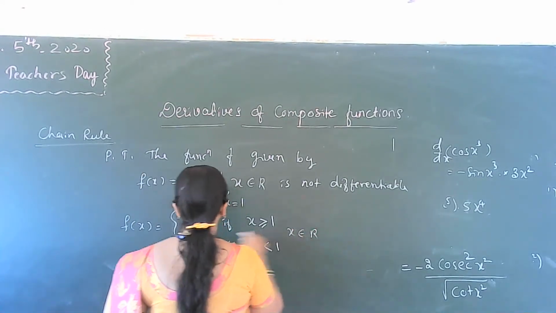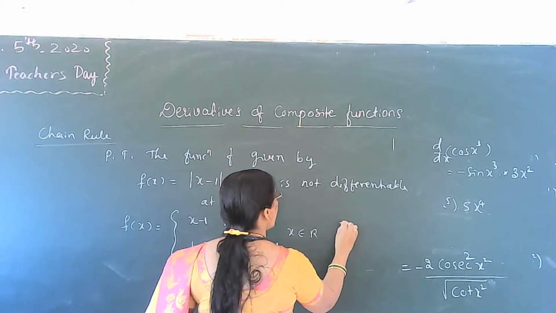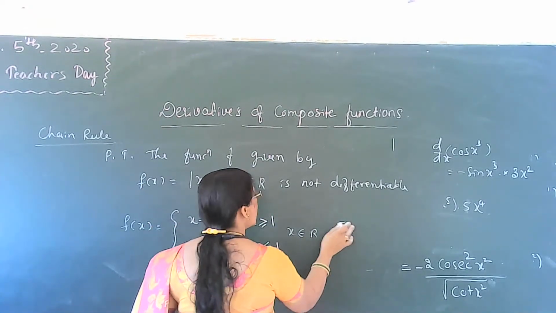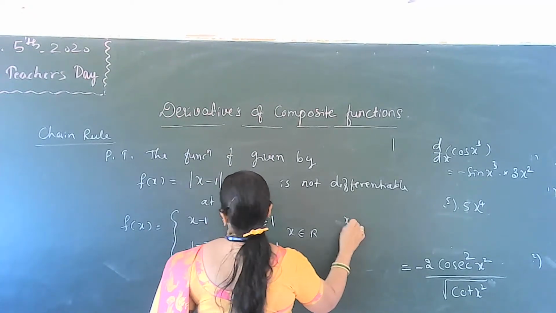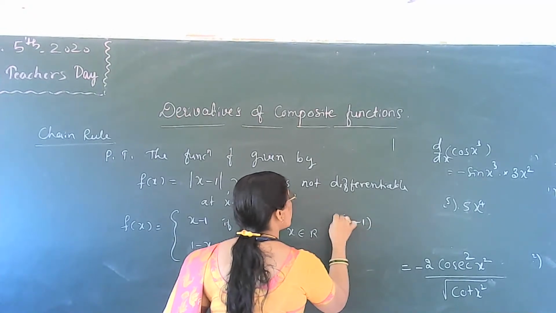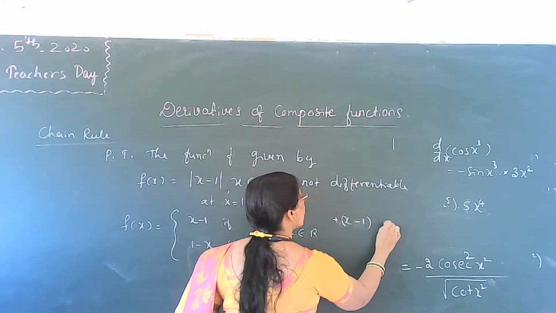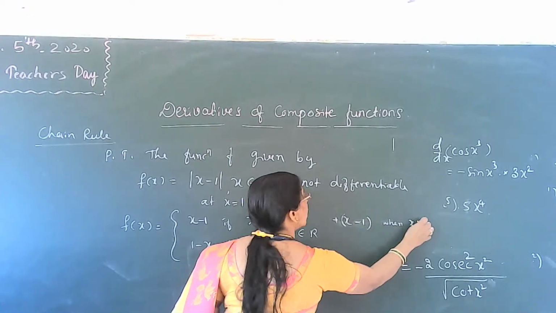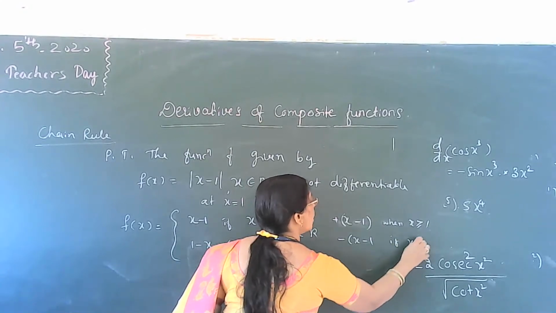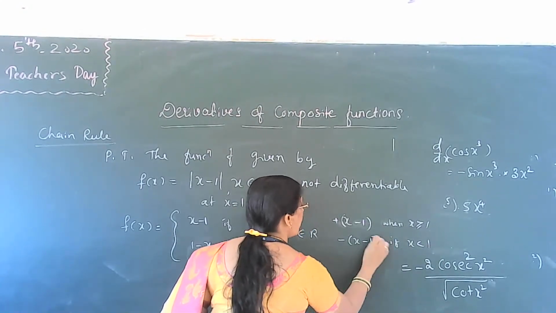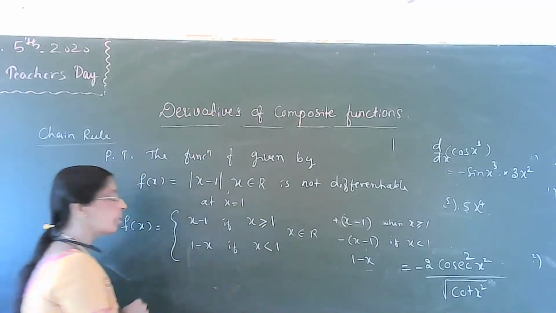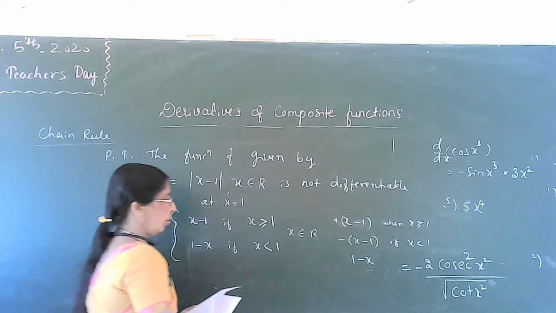X belongs to R because here x minus 1 is taken as positive when x is greater than or equal to 1, and minus of x minus 1 if x is less than 1. Therefore, minus of x minus 1 becomes 1 minus x. Therefore, I will write it as 1 minus x.